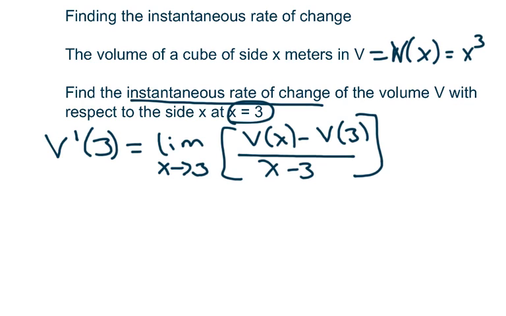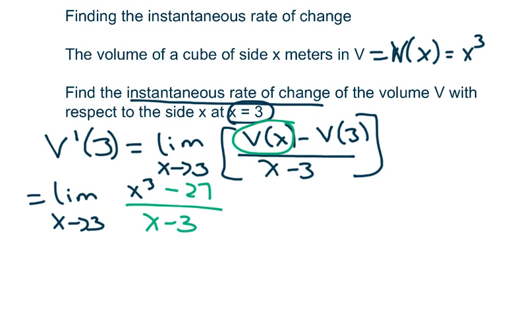Okay, and this equals the limit as x approaches 3 of x cubed, because that's this part, and then I plugged the 3 in and I got 27, over x minus 3. I use my difference of cubes formula.